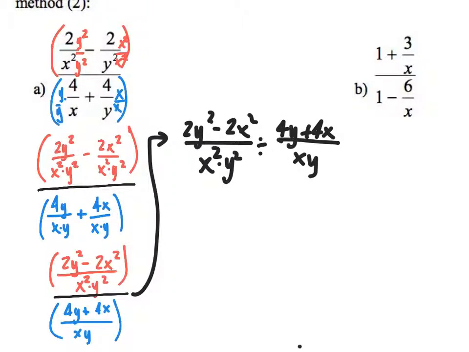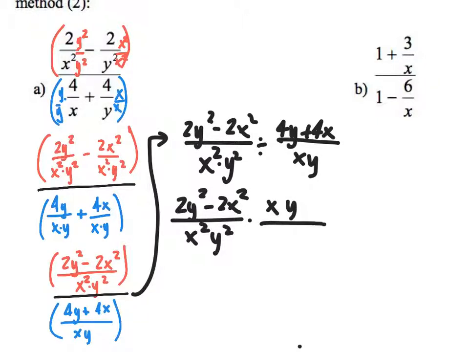Now what I want to do is multiply by the reciprocal. So I've got 2y squared minus 2x squared over x squared y squared, times xy divided by 4y plus 4x. Okay, so now we've got to think about what we can divide here. Now, I have this numerator here and this denominator here.